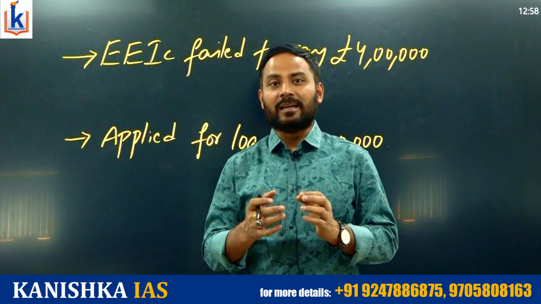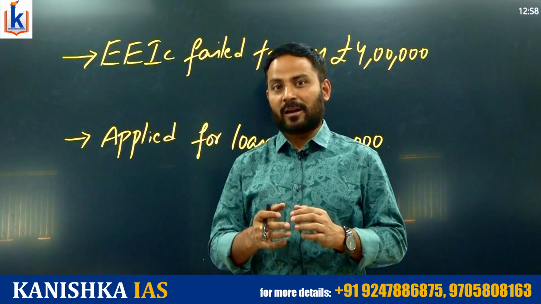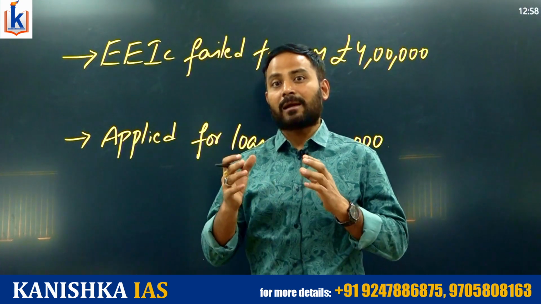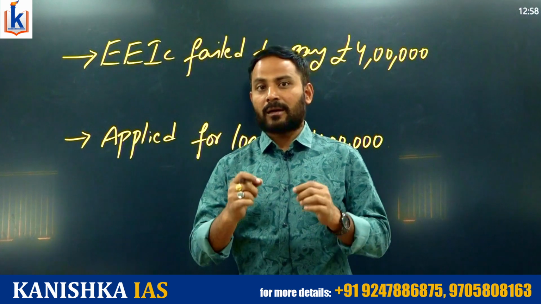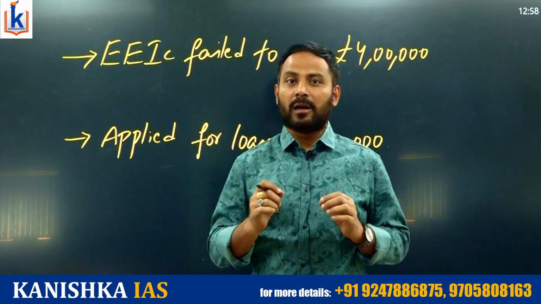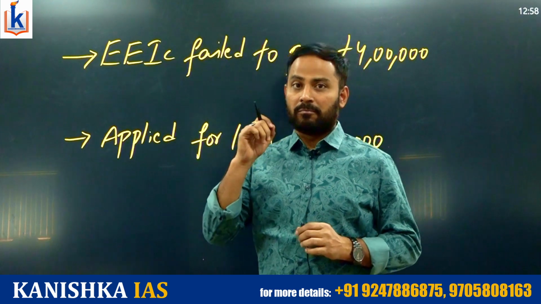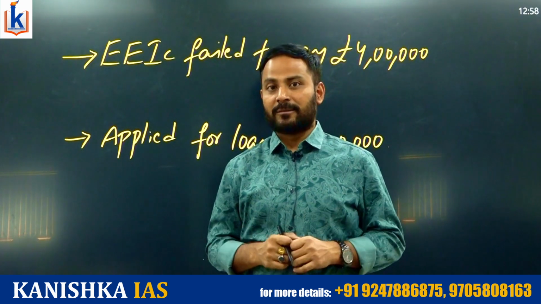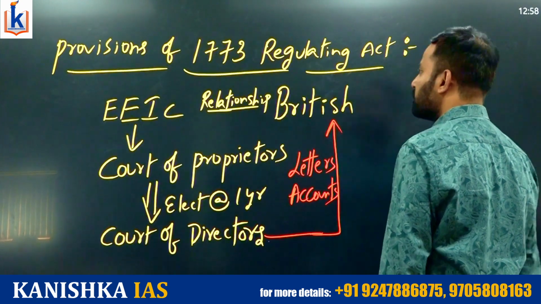It was reeling under financial problems. In the 1770s, it applied for a loan of 14 lakh pounds from the British government. The moment the company applied for the loan, it was a brilliant opportunity for the British Parliament, and they attempted to regulate the company in the name of an Act, and that is the 1773 Regulating Act.